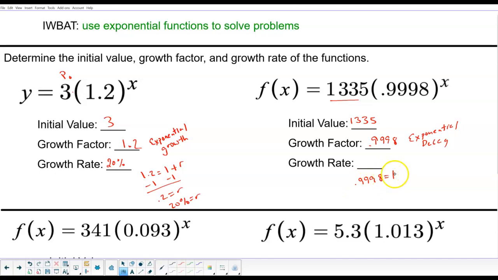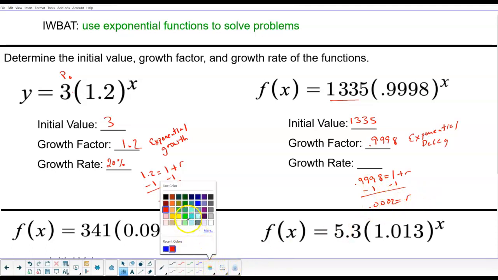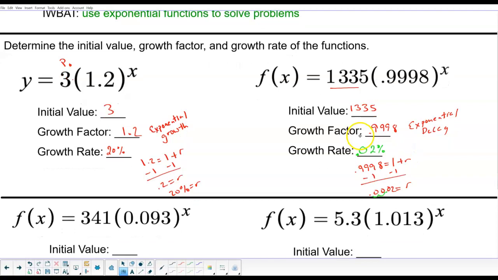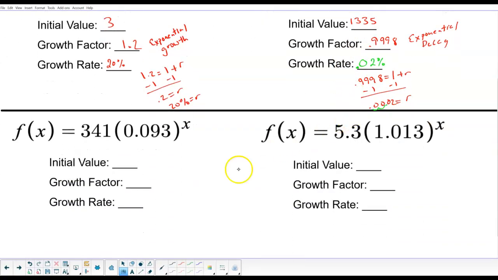The growth factor has to equal 1 plus R. If I subtract 1 from both sides, I'm left with 0.002. And then remember, we have to turn the decimal into a percent. Ooh, that was tough. So we got 0.02%. All right, why don't you try that for these 2 values, and I'll pause and then show the answers.